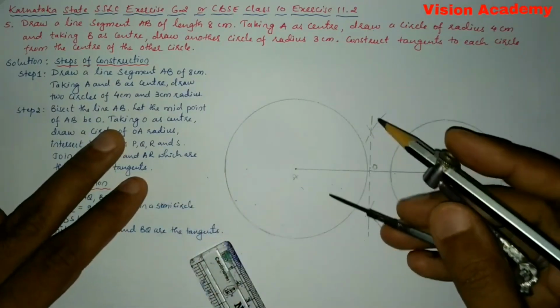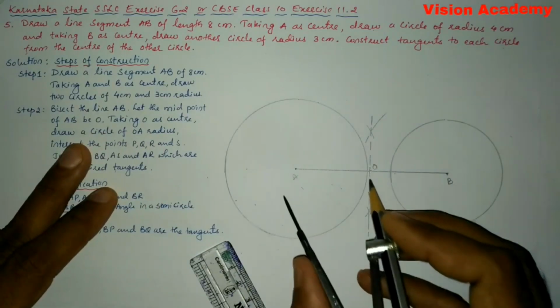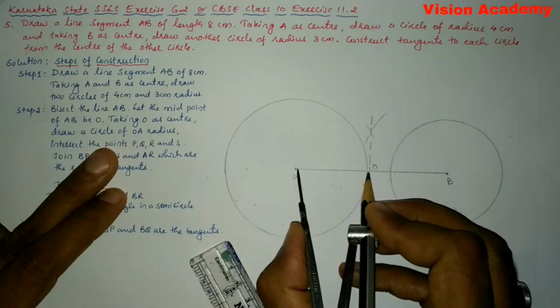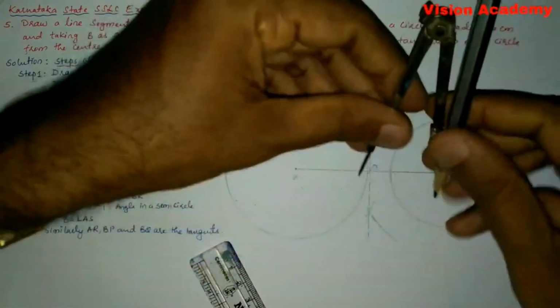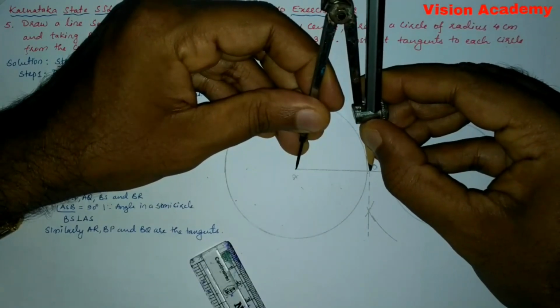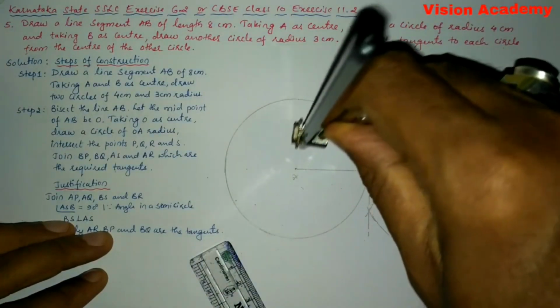So next, taking O as center and OA as radius, draw another circle.